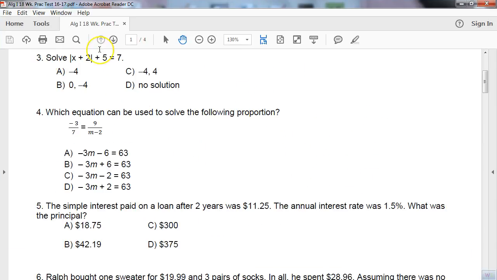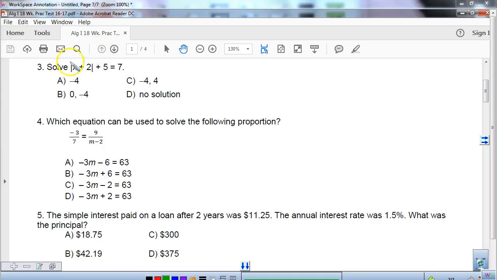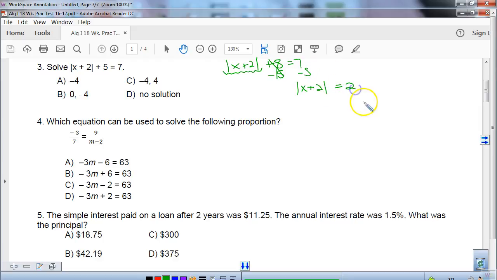Number 3 says to solve this absolute value equation, we have the absolute value of x plus 2 plus 5 equals 7. And we need to remember we have to have this absolute value isolated before we can solve it. So this plus 5 needs to go over to the other side first. So now we have the absolute value of x plus 2 equals 7 minus 5 is 2.